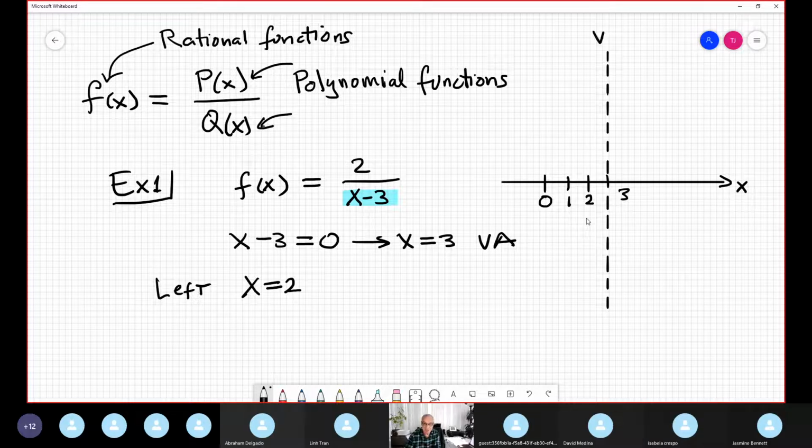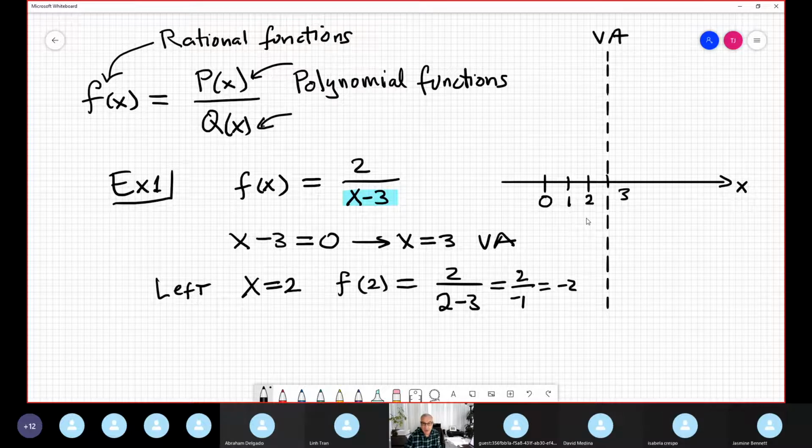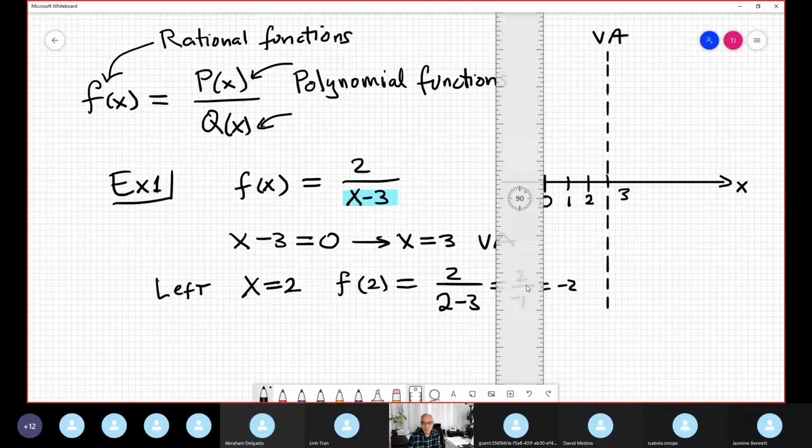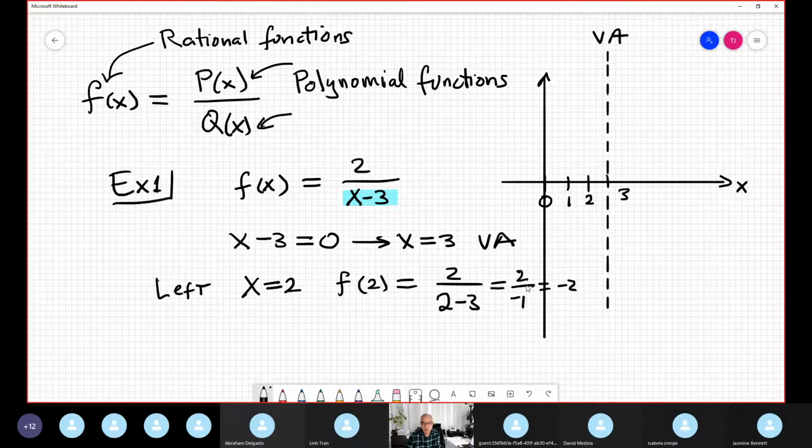This is the vertical asymptote. I recommend close. And you evaluate the function in 2. It's 2 over 2 minus 3, que es -1. Entonces 2 divided by -1 is -2. Wow, it's -2. When you plot that, let me put definitely the y-axis here.